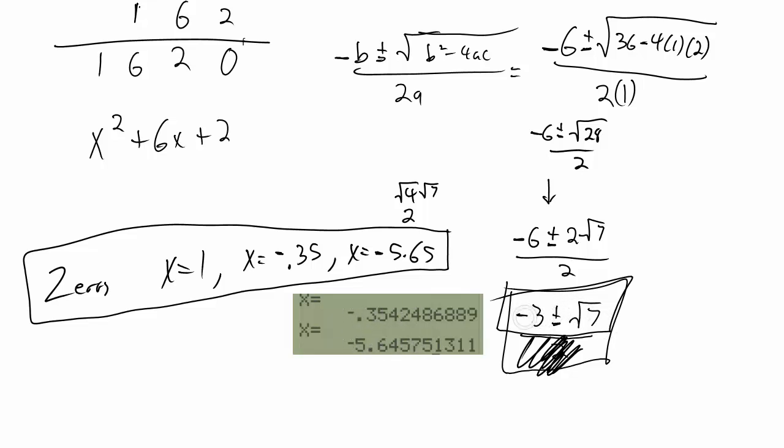I can't approximate this at all or understand what this number is without using a calculator anyway. So please feel free, if you don't want to use the quadratic formula by hand, just use the one on your calculator, or if you do use the quadratic formula, at least enter the value as is into your calculator.